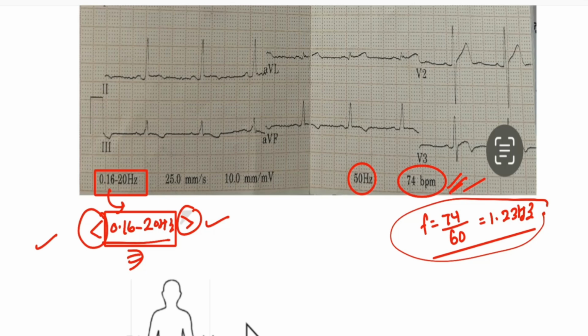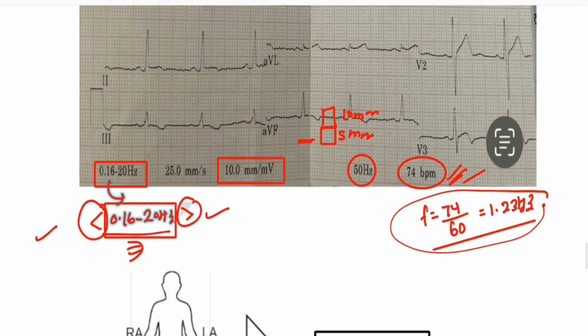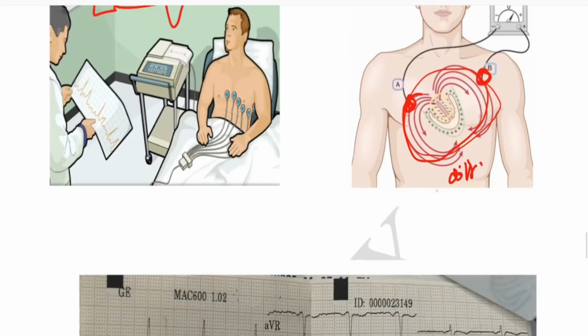This is the supply frequency, and here they have written 10 per millivolt. So this one is 1, one full bracket will be 5, so two brackets will be 10. I am just using rough estimates, it's not a correct approach.